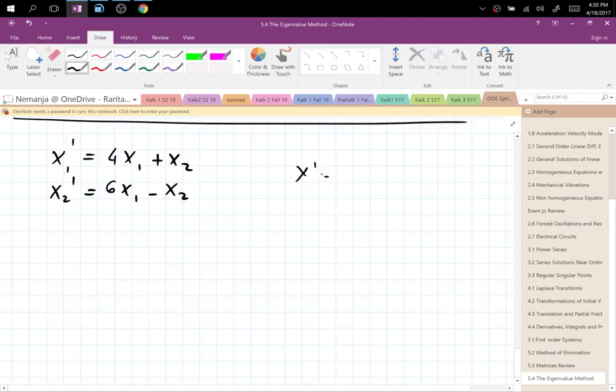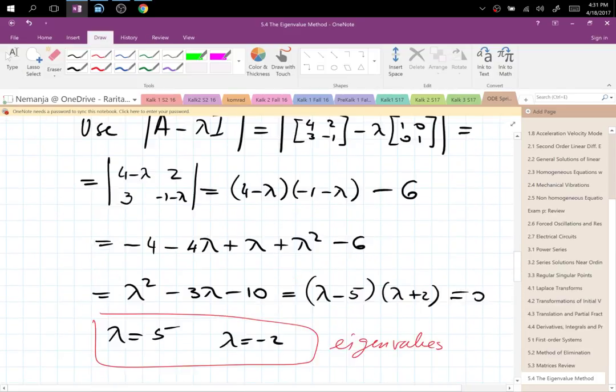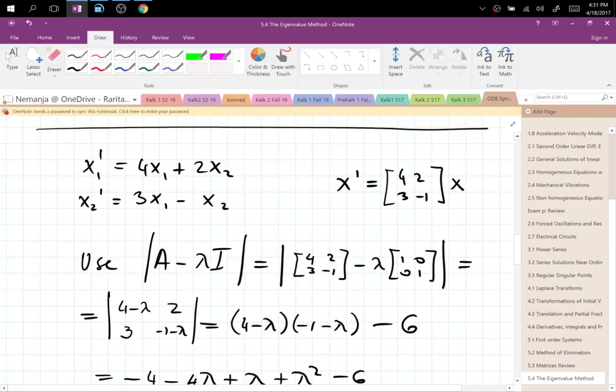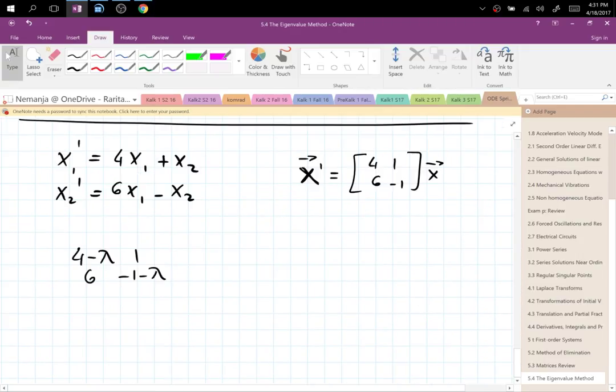So we have x prime is equal to 4, 1, 6, negative 1 times x. So 4 minus lambda, 1, 6, minus 1 minus lambda. Is this the same problem we just did? Oh, okay. Whew. For the moment. The determinant.